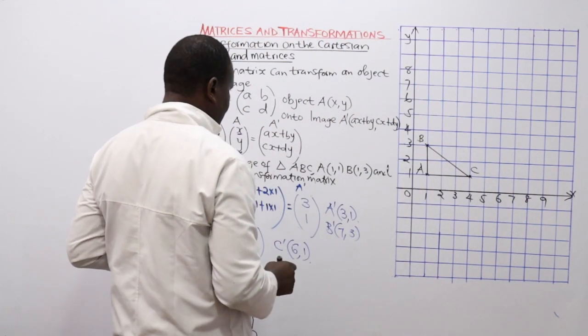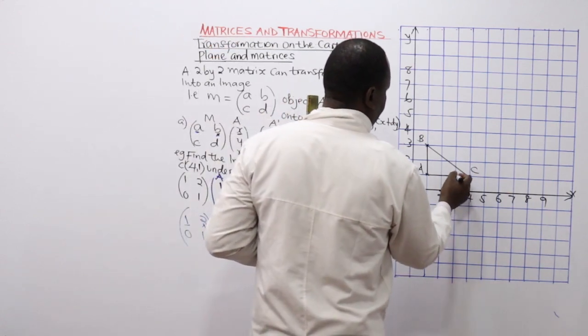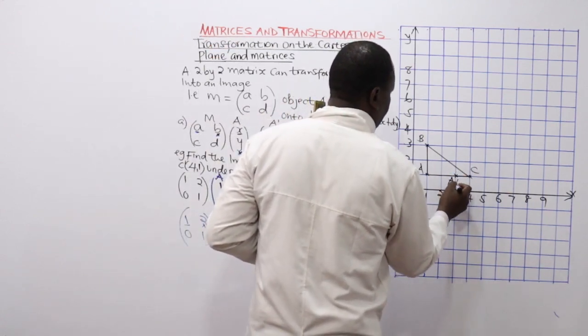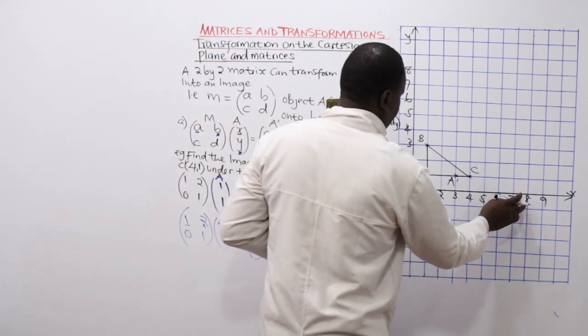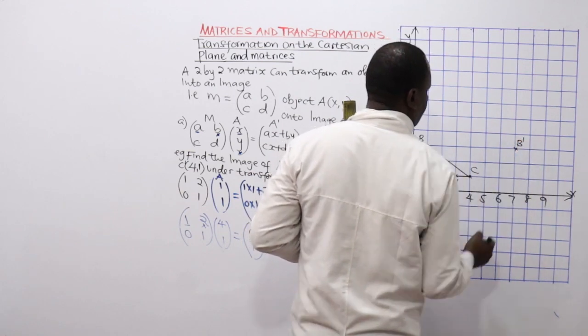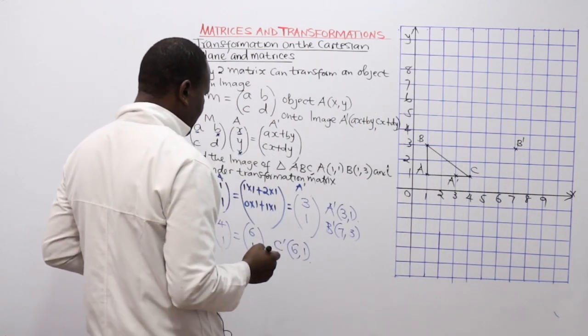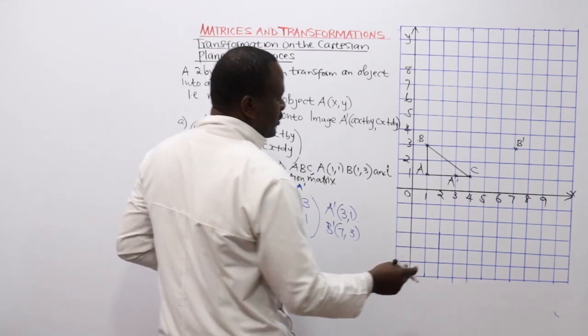The image is A prime, 3, 1. B prime, 7, 3. Then C prime is 6, 1.